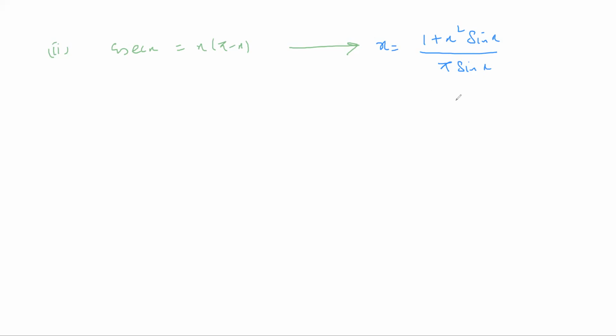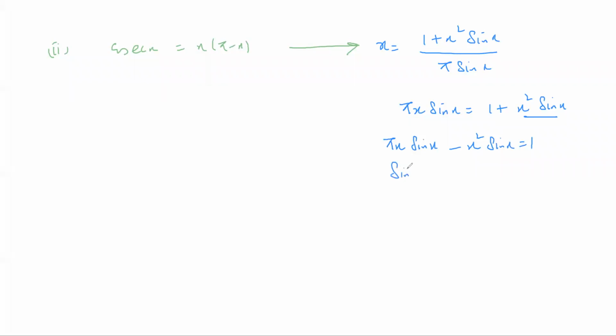Now this is easier if I start from this side. I'll do the cross multiplication. This will give me pi x sine x equal to 1 plus x squared sine x. I'll take this term to the left hand side: pi x sine x minus x squared sine x equal to 1.